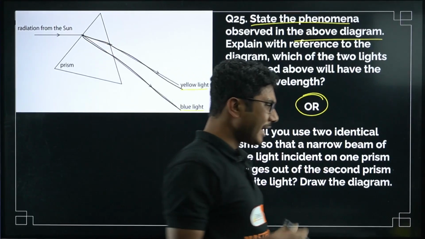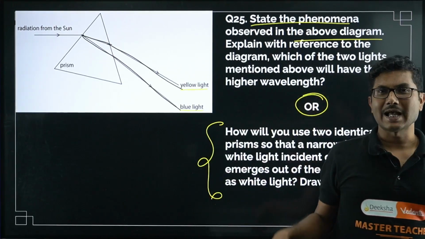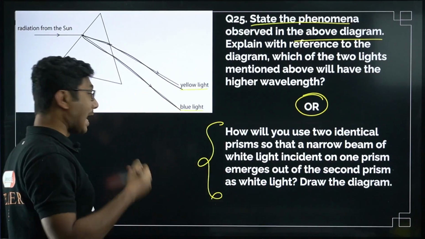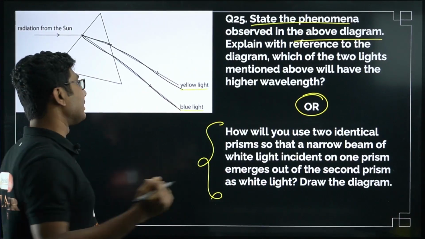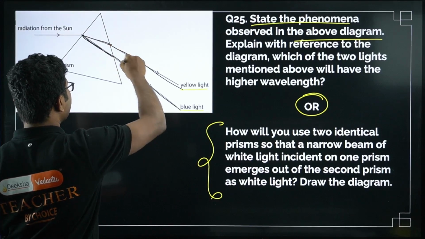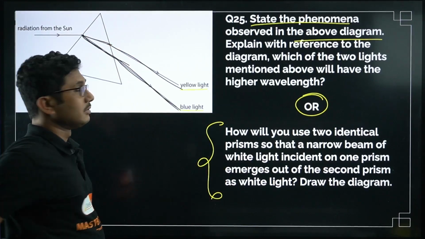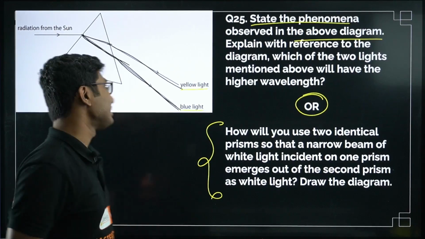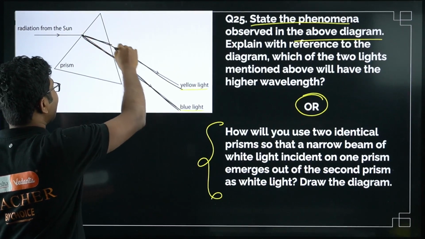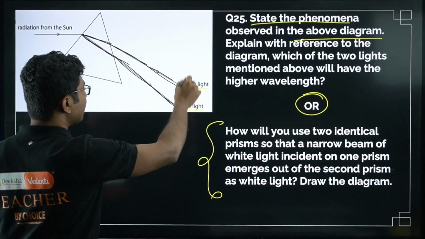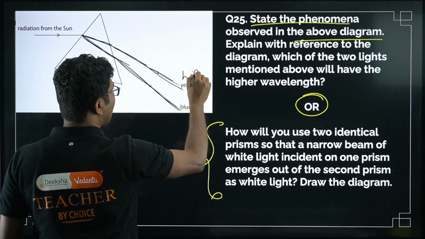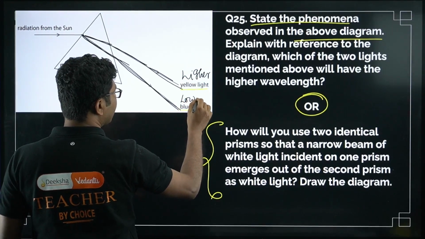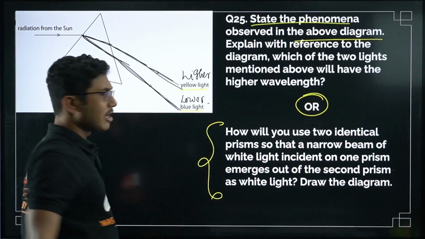So whoever is bending more has a higher frequency and less wavelength. You have to remember that whoever is bending more will have a lower wavelength, whereas whoever is bending less will have a higher wavelength. Okay, you have to remember that.